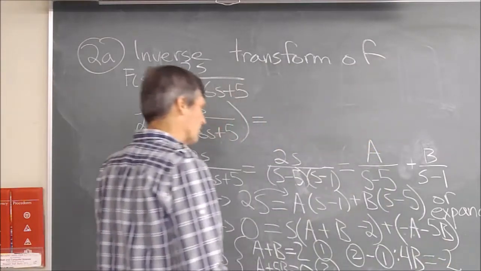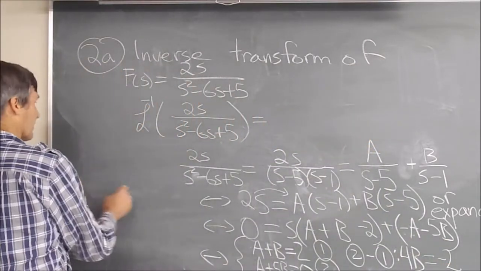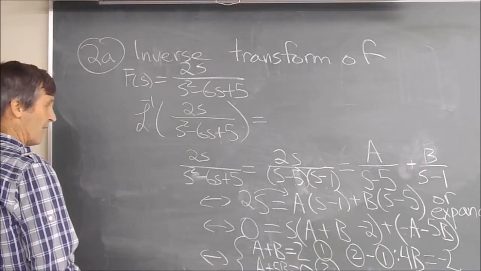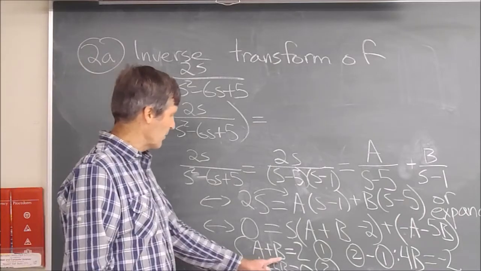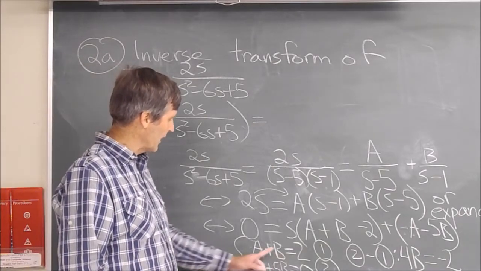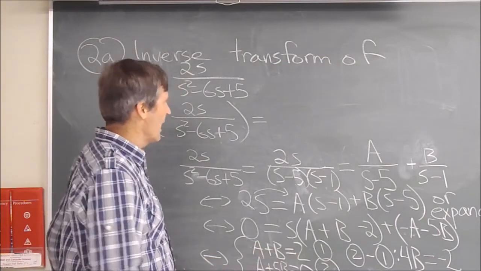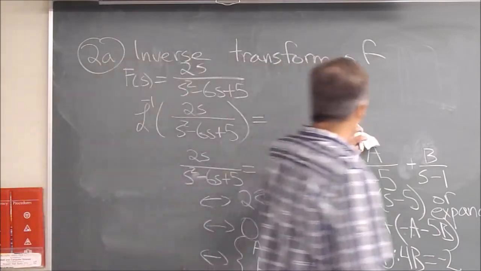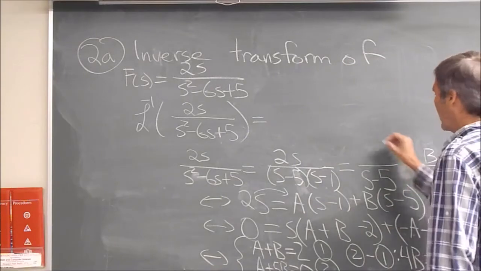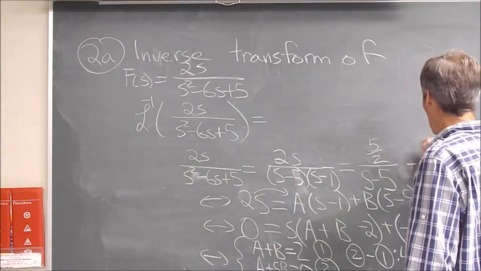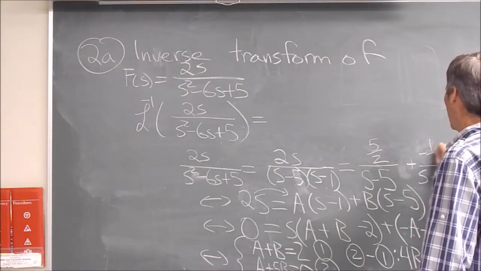Evidently, B equals minus a half. And then I can plug that into either equation. If B is minus a half, then A must be 5 halves. And we can fill in now that by partial fractions, this is 5 halves, and this is minus 1 half.